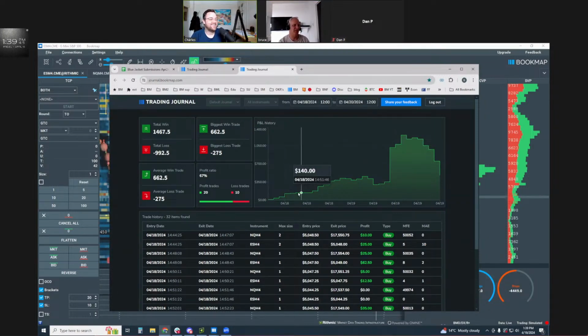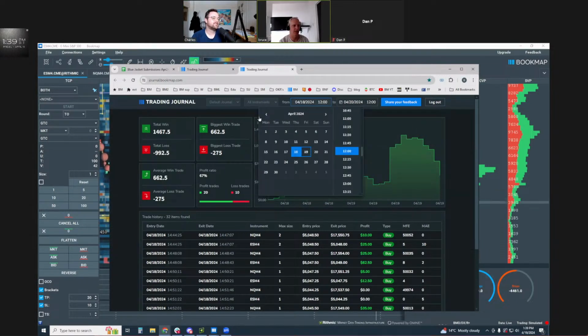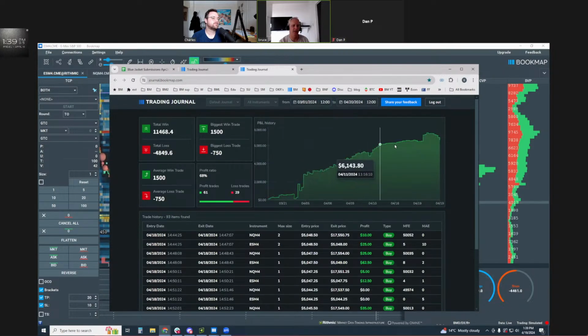It's really great to show this profit and loss history. Like here's your equity curve. Let me go back to March. This is my equity curve, right? And you can see the data in here is reflected based on the dates that you're filtering here.